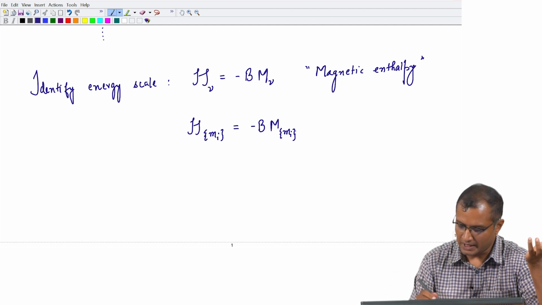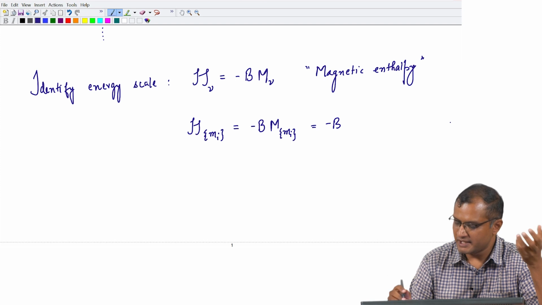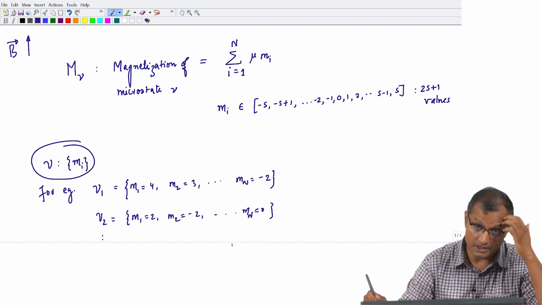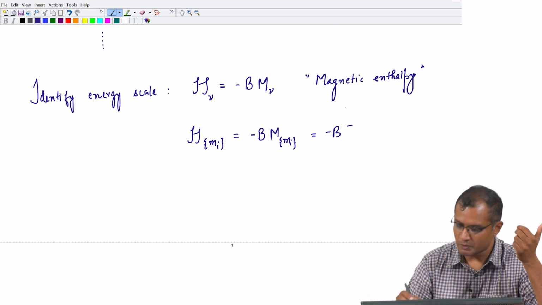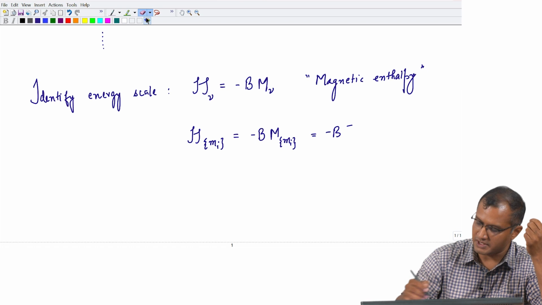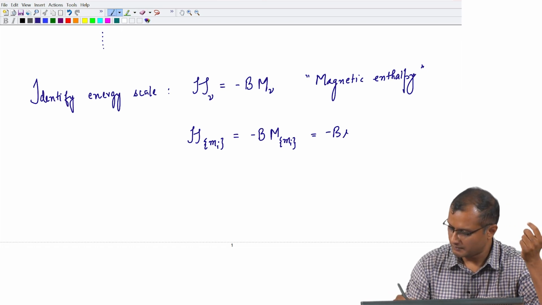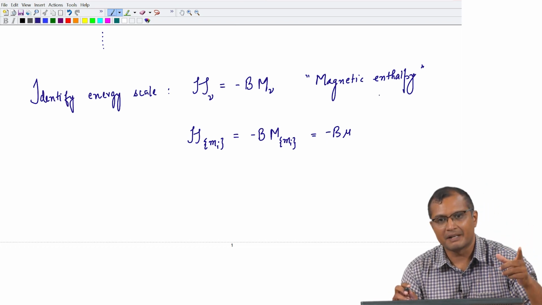Okay. And this is nothing but minus B times, I have already written what is the magnetization, which is summation over all degrees of freedom mu times Mi. So, I am going to pull out mu because it is a constant, and so mu here is nothing but magnetic moment per spin.